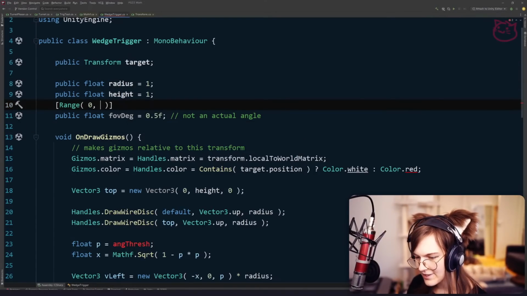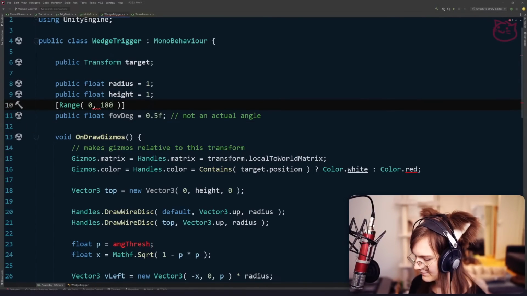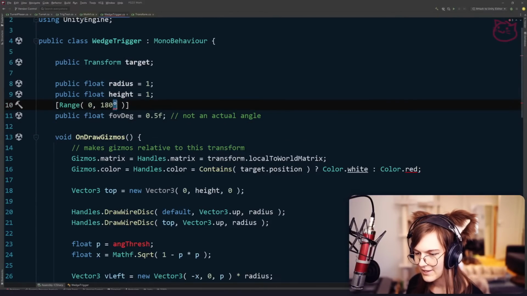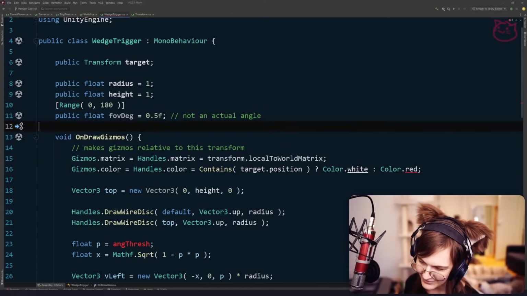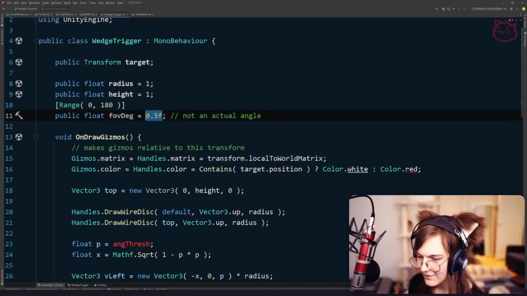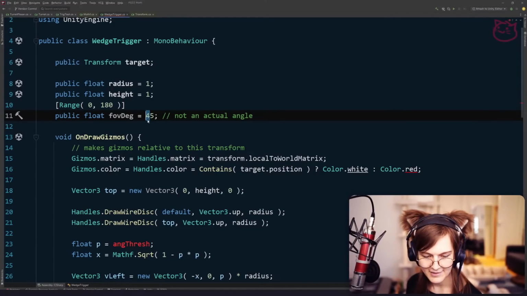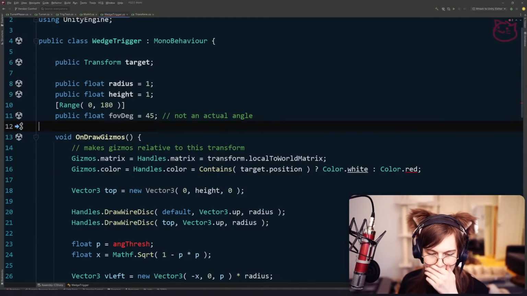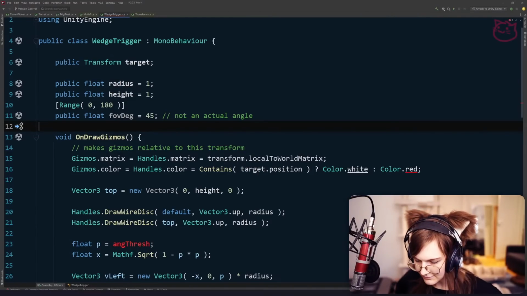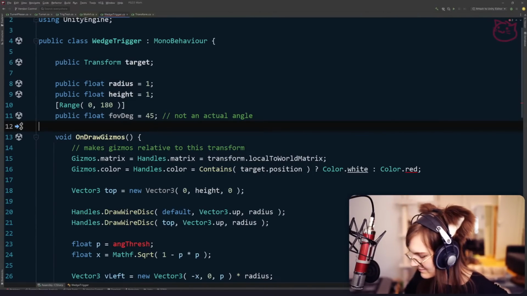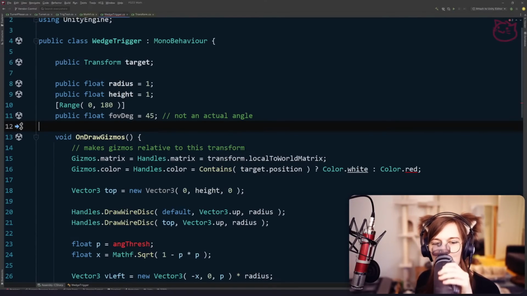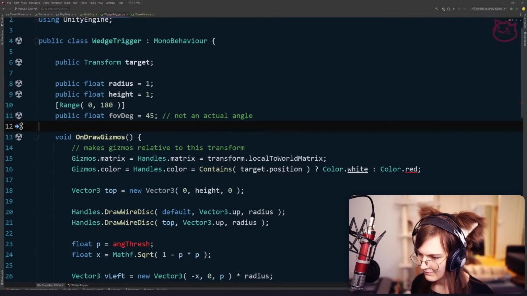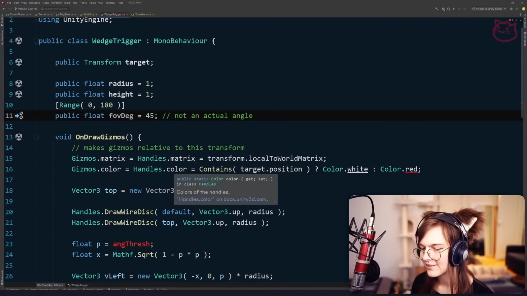People like degrees as an input. Oh wait, I can't write the symbol for degrees. Okay, maybe start at 45 degrees. Okay, now it's an actual angle.